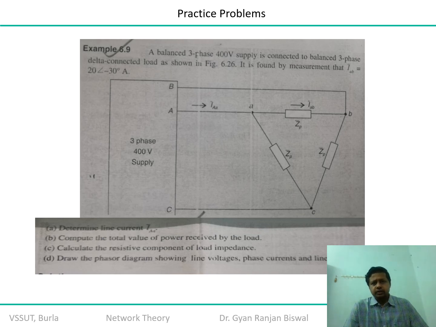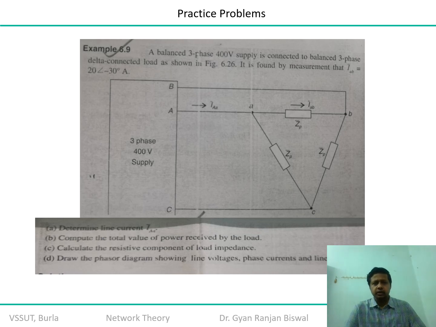Another balanced three-phase 400 volt delta connected load network is given. Typically, in a standard fashion, the supply side is connected in star manner, and the load side is typically connected in delta manner. There is a very specific reason behind it.